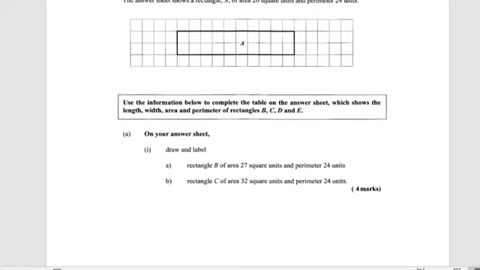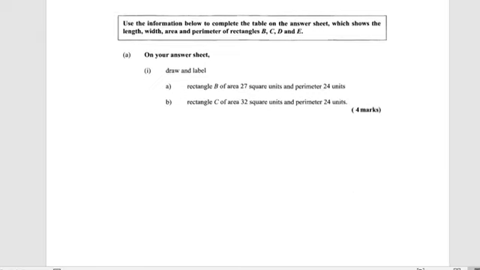Question 8 now says an answer sheet is provided for this question. The answer sheet shows a rectangle of area 20 square units and a perimeter of 24 units, and says use the information below to complete the table on the answer sheet which shows the length, width, area, and perimeter of rectangles B, C, D, and E. On your answer sheet, draw and label A, rectangle B of 27 square units and perimeter 24 units.